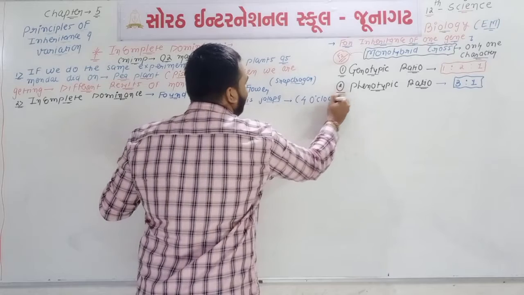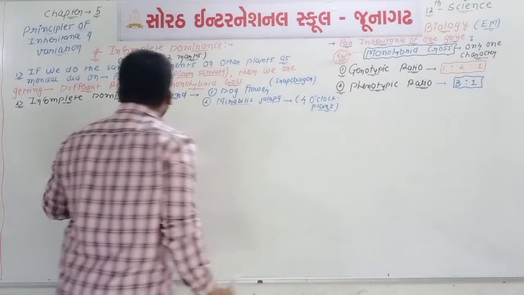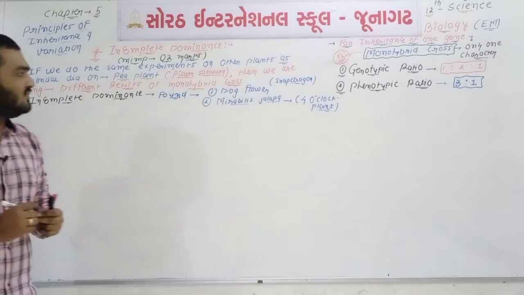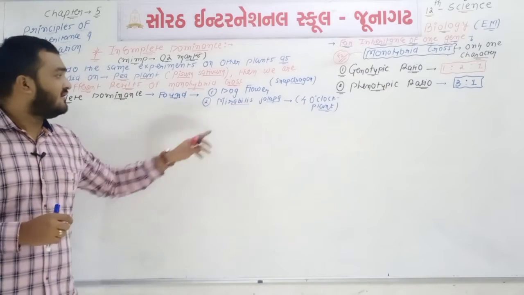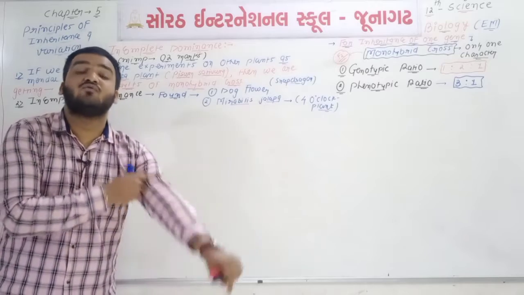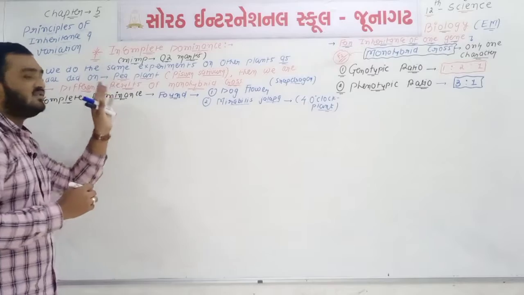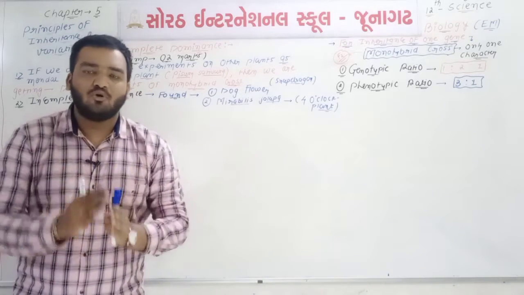So we can say that incomplete dominance is found in different types of plants, like dog flower, known as snapdragon, and Mirabilis jalapa, known as the 4 o'clock plant.